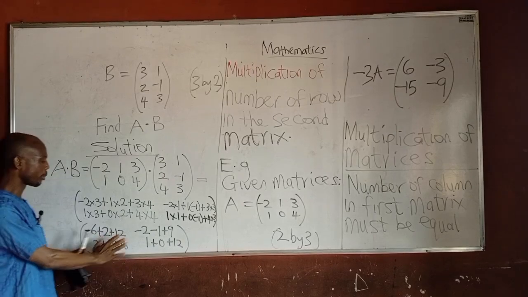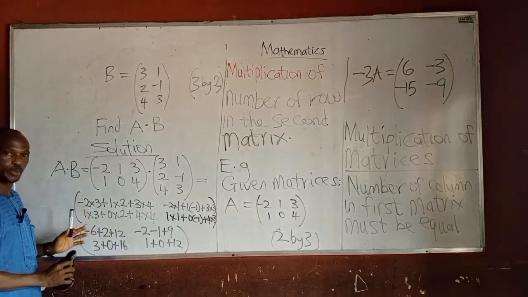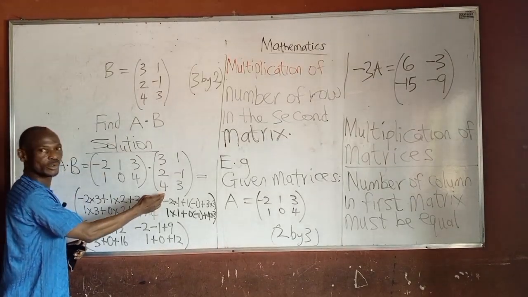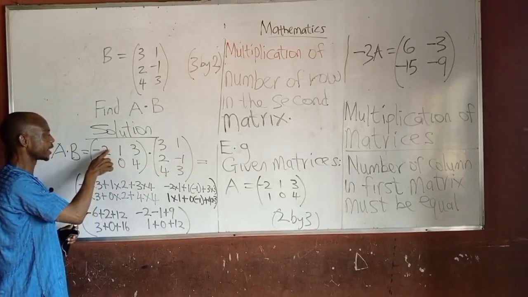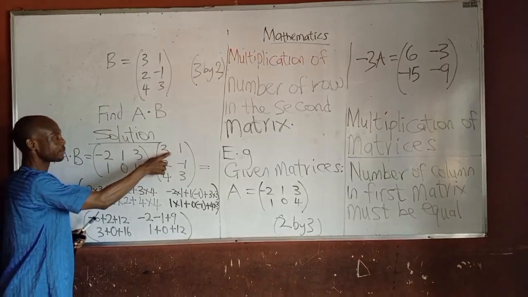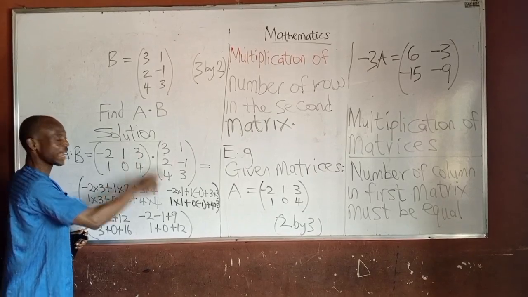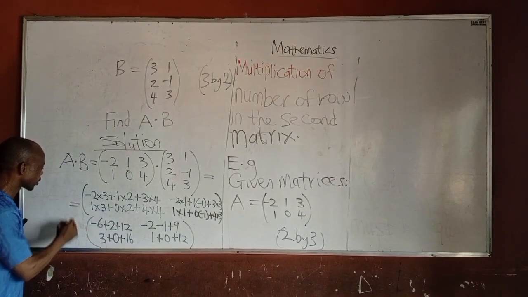This is where students normally make mistakes. That's why I'm taking it gradually. You must follow the process. We are multiplying the row to the column. The row to the column, and we take this minus 2 times this plus 1 times this plus 3 times 4. Final answer is what?